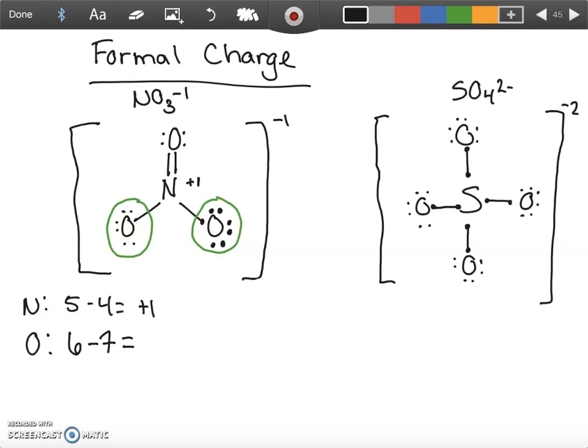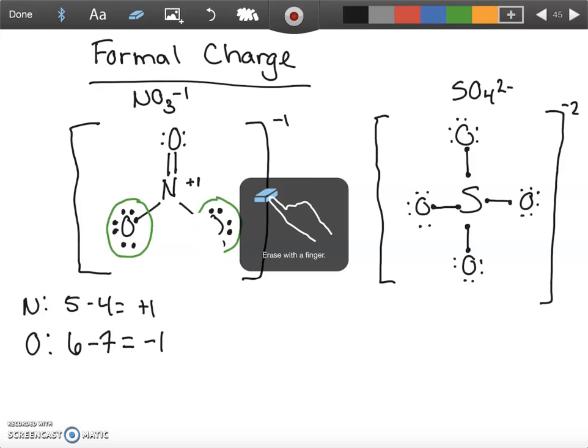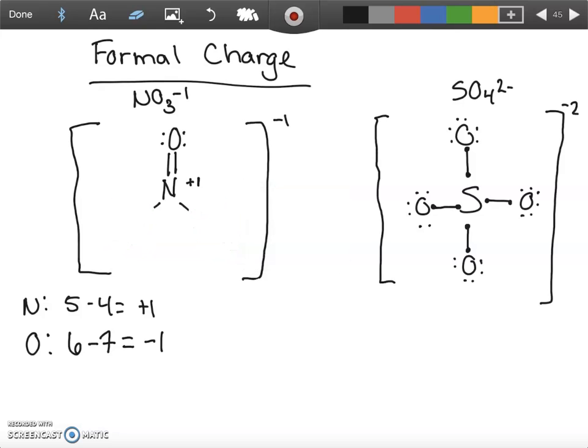And the same thing for this one. 6 minus 7, ladies and gents, is -1. So each one of those oxygens has a formal charge of -1. So we'll put -1 signs on both of those.